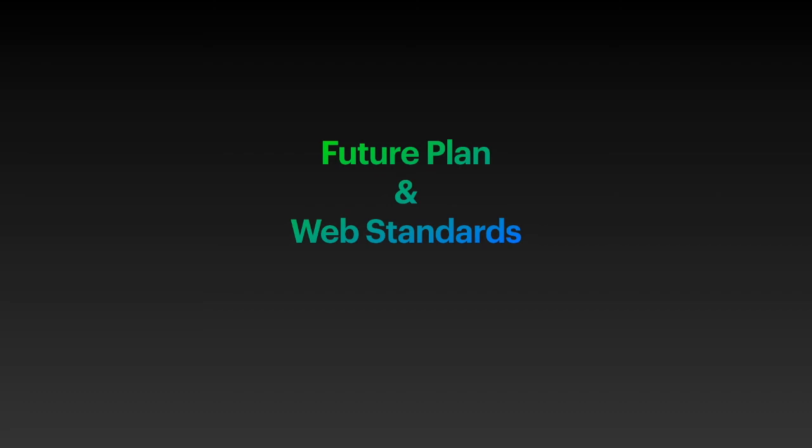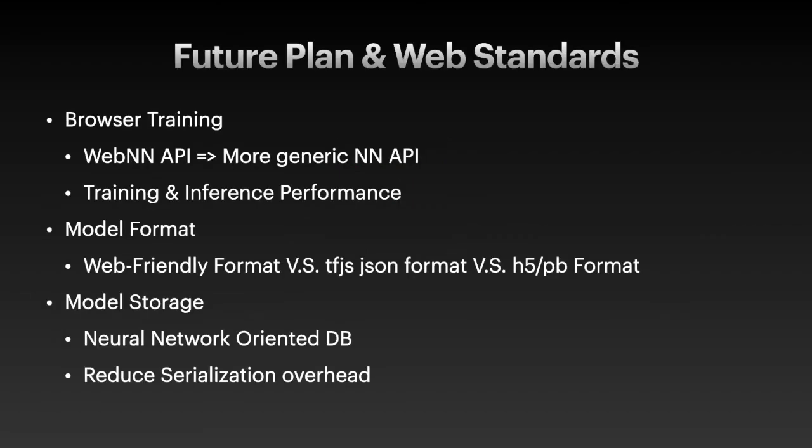And finally, we will introduce the future plan and some web standards that we are concerned about. So as you can see, Pipcook is a training-oriented library of the frameworks. So we are also concerned about browser training, because we want to move some training jobs to the browser. The first thing that comes to mind is the WebNN API.